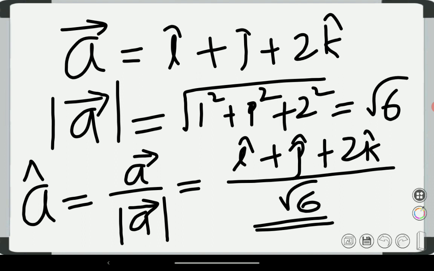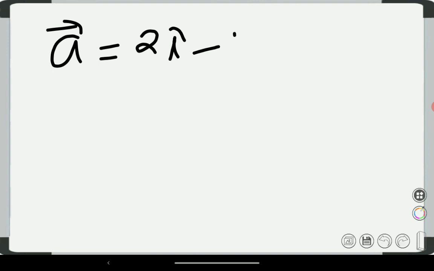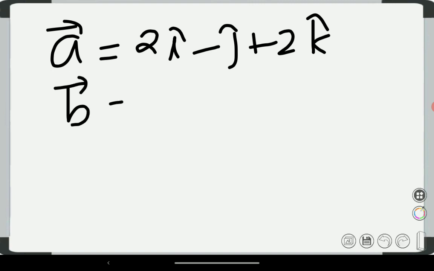Then ninth question, question number 9. Two vectors are given, A and B. The vector A is equal to 2i minus j plus 2k, and vector B is equal to minus i plus j minus k.